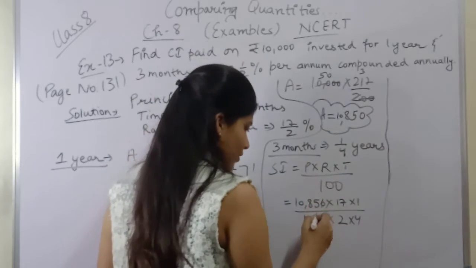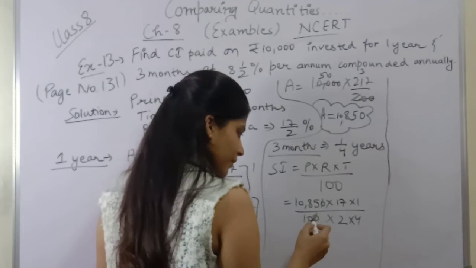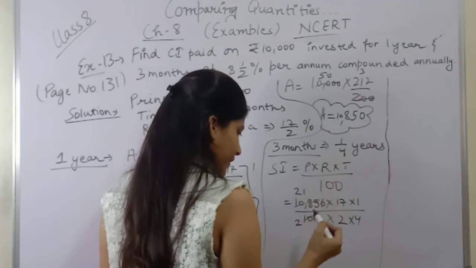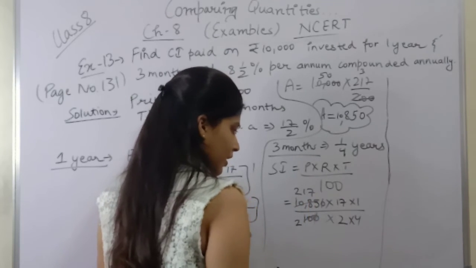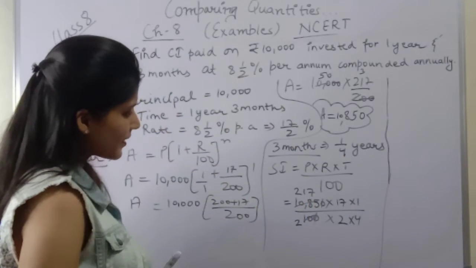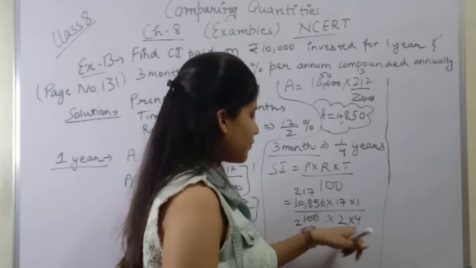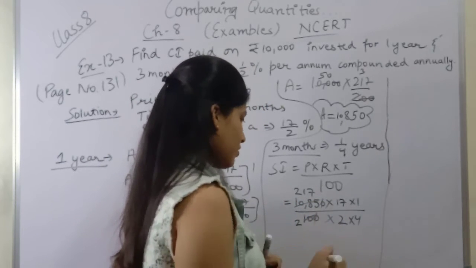Now 1 0 से 1 0 कट. We have 5 2s are 10 and 5 2s are 10. 5 1s are 5. 5 7s are 35. तो अभी हमारे पास आया है 217 into 17 upon 2 2s are 4. 4 4s are 16. ठीक है.